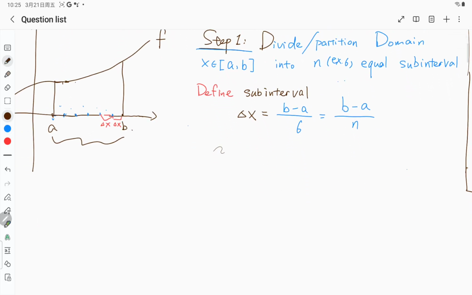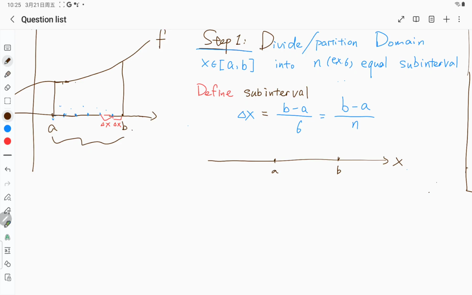All right, so I'll draw another graph here just so that you don't forget in the future. But I think it's pretty straightforward. So you have the x-axis, we have a general interval.